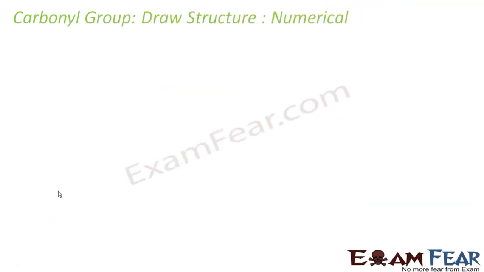Let's draw some structures. Let's take some numericals. We'll draw the structure of 3-methyl butanal. I'm drawing this in blue. Let's first draw a butanal: meth, eth, prop, but. It is butanal, that means at one position I have an aldehyde.